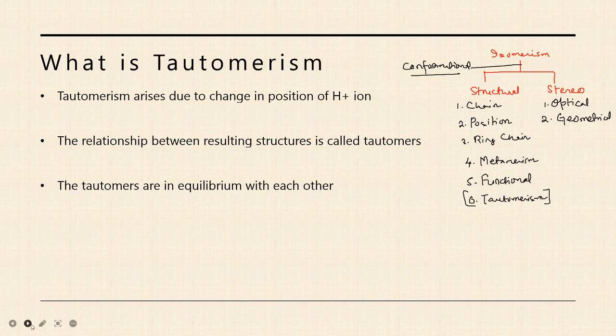So let's start with the idea कि भाई टॉटोमेरिज्म आप ऑब्जर्व कहाँ पे करोगे और किस तरह के सिस्टम्स में टॉटोमेरिज्म ऑब्जर्व करते हैं. So tautomerism is observed within something known as a dyad system and something which is known as a triad system. Dyad and triad system. So what is the dyad system?